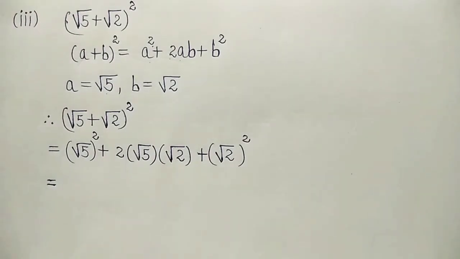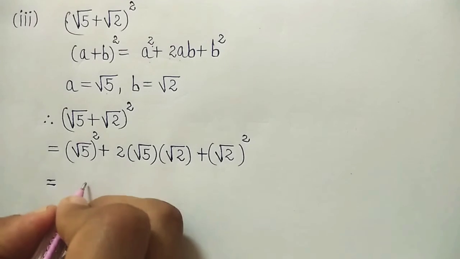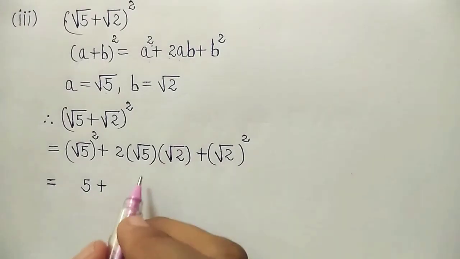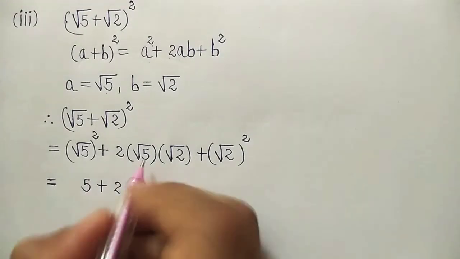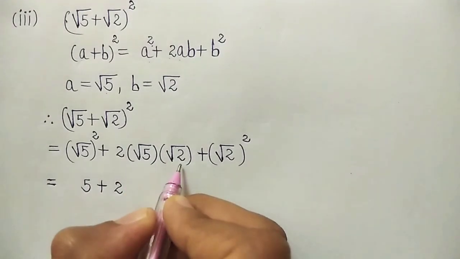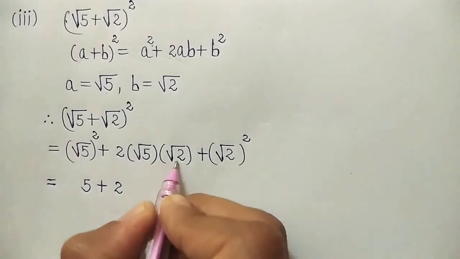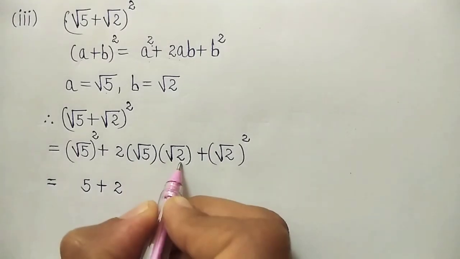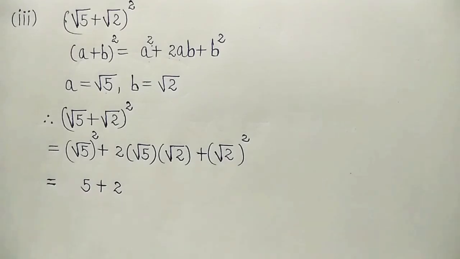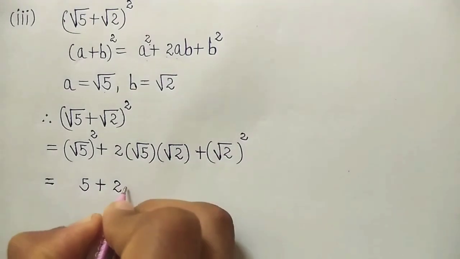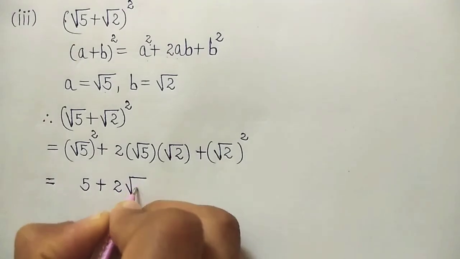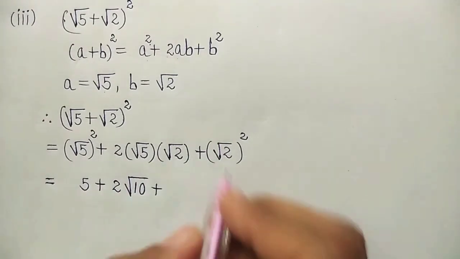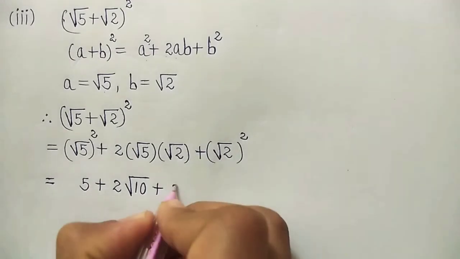Next step: square root 5 square is 5, plus 2 multiplied with square root 5 and square root 2. Both are irrational numbers, right? So square root 5 multiplied with square root 2 will be square root of 10. So we write plus 2 square root 10, plus square root 2 square, that is 2.